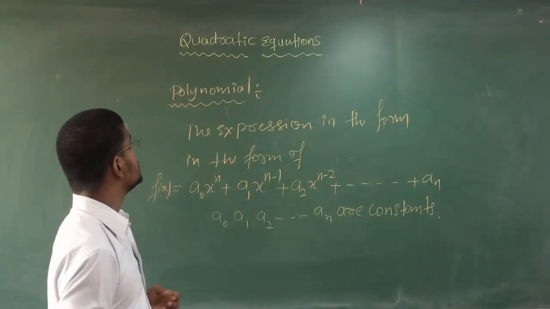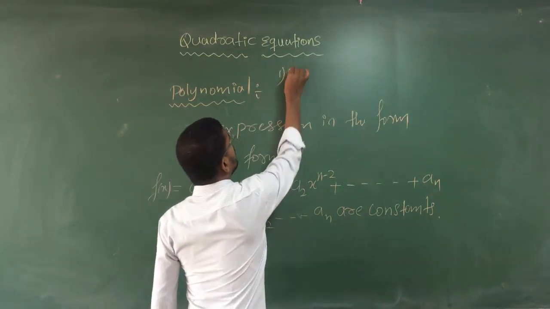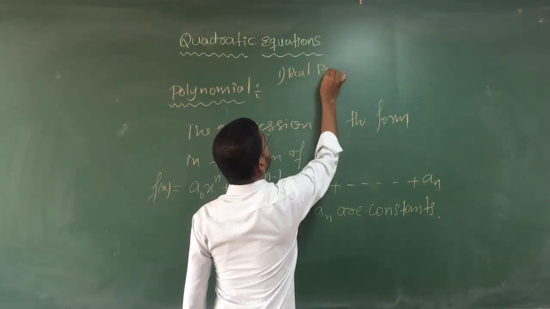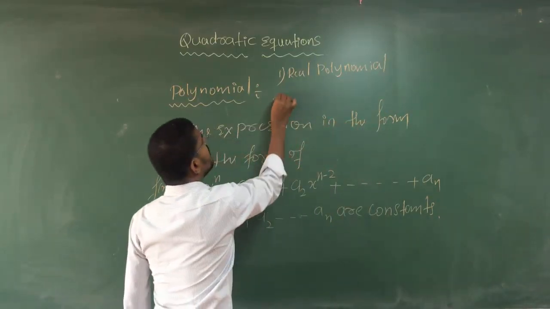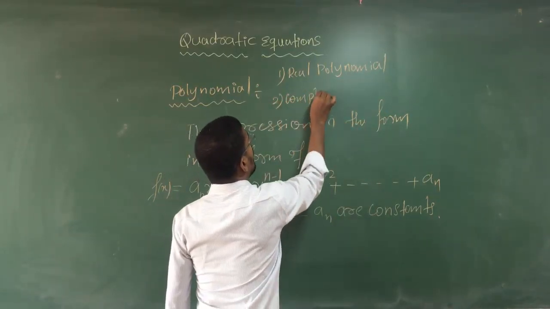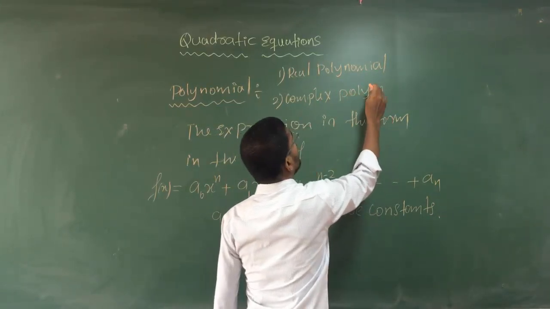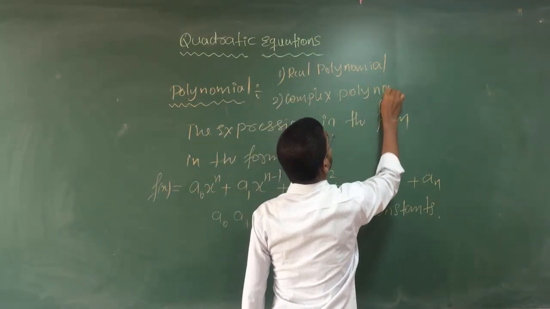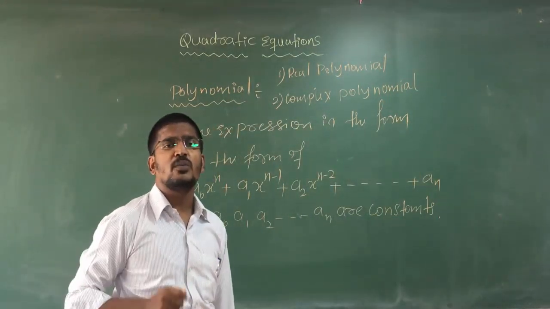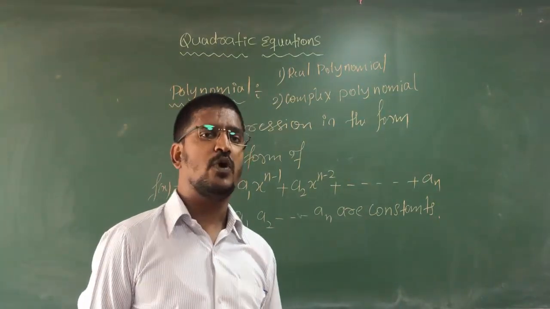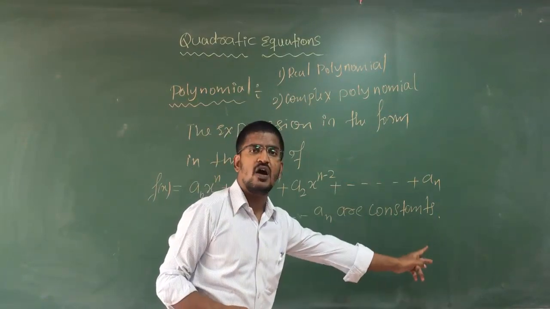So my dear students, in polynomials we have first the real polynomial and second the complex polynomial. Clear? So what is real polynomial and what is complex polynomial? See here, a0, a1, a2 so on to an are constants.